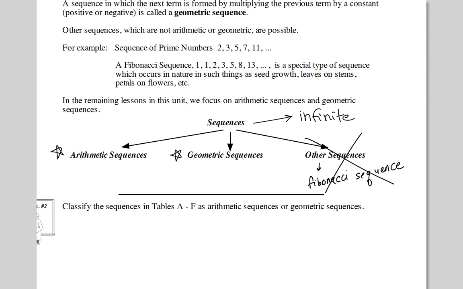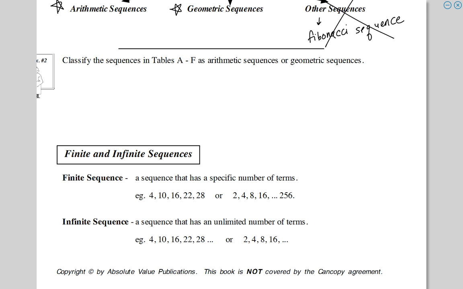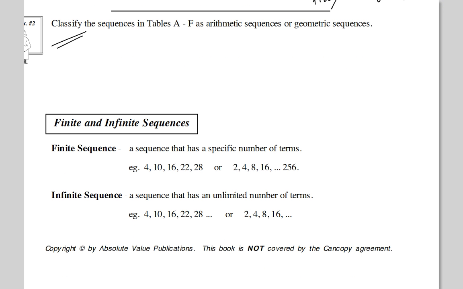Do you guys know what I mean by infinite? It just goes on forever. If you think about counting numbers, 1, 2, 3, 4, could you just go on forever? And that's all that is. We already classified, so we'll move on. Here are the definitions for finite and infinite. A finite sequence has a specific number of terms, and typically they give you the first few to show the pattern, and then they give you the final term, and sometimes you have to figure out how many terms there are.